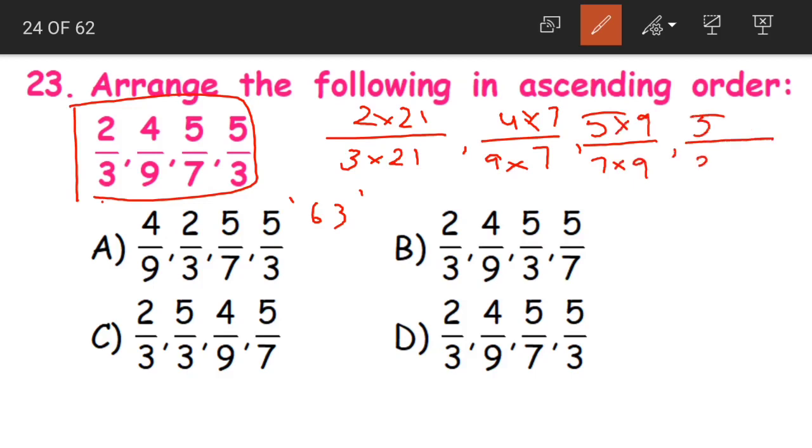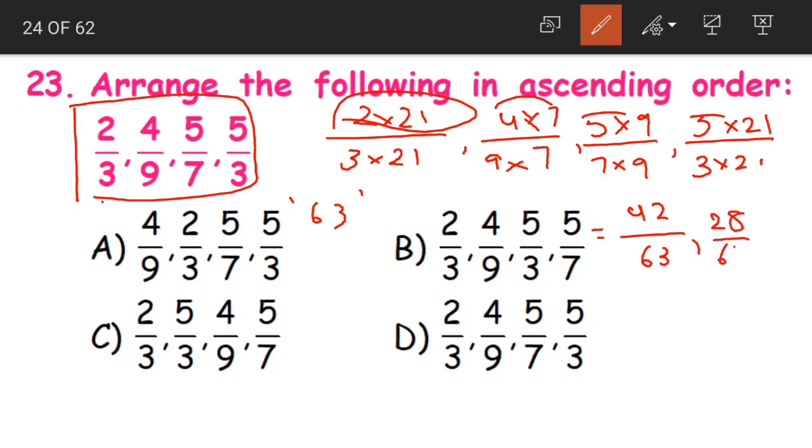And for the last one, 5 by 3, 3 21s are 63, so multiplying with 21. Now 2 into 21 becomes 42 divided by 63. 4 7s are 28 divided by 63. 5 9s are 45 divided by 63, and 5 21s are 105 divided by 63.